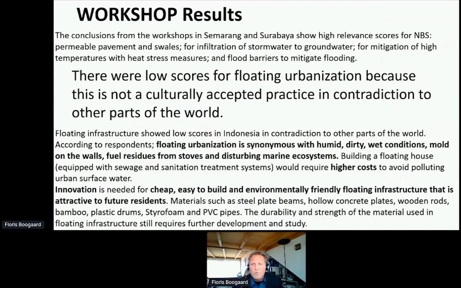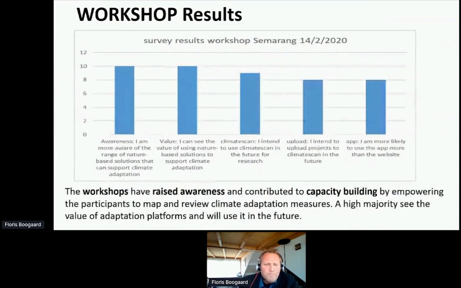And of course, as researchers, we come up with new practical implementations for that. Overall, this workshop, because this was one element of all the workshops also addressing nature-based solutions, raised awareness and capacity building. Mostly young professionals were attending these workshops.